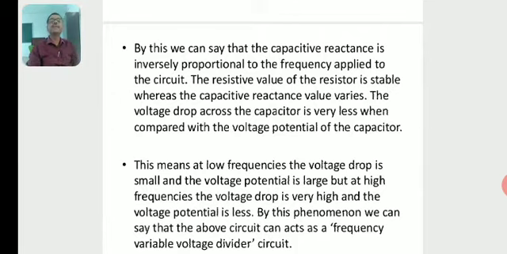This means at low frequencies the voltage drop across the capacitor is small and the output voltage is large, but at high frequencies the voltage drop is very high and the output voltage is less. By this phenomenon, we can say that the above circuit acts as a frequency variable voltage divider circuit.